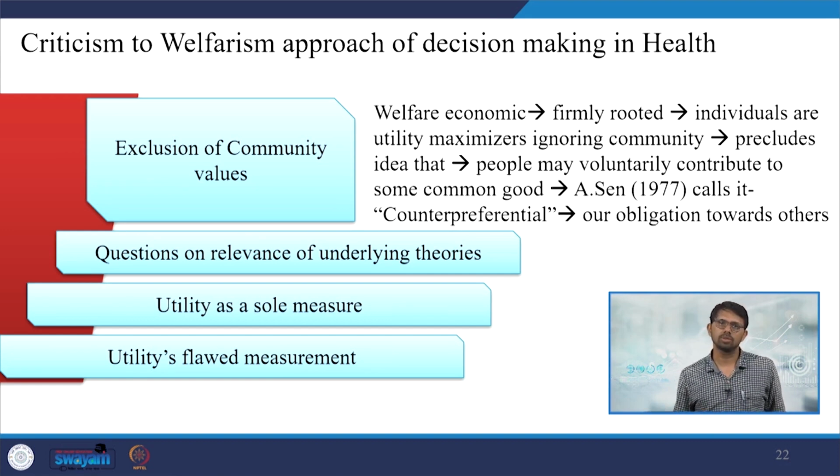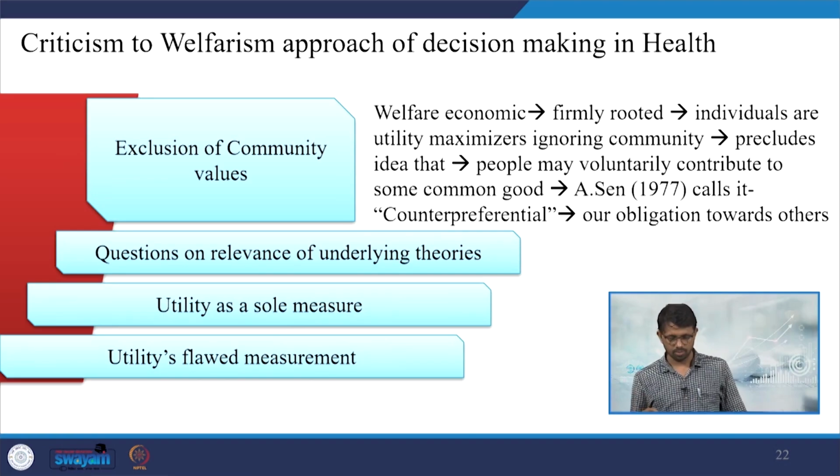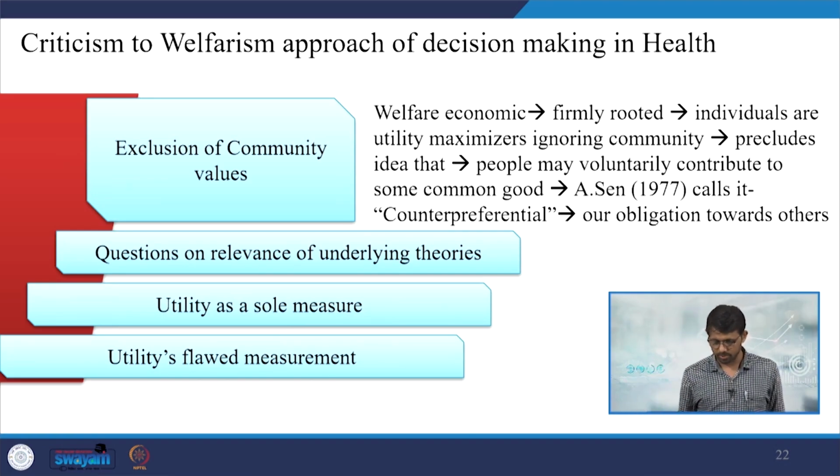So, this precludes the idea that people may voluntarily contribute to some common good, also mentioned in the works of Professor Amartya Sen in 1977. He calls this kind of problem counter-preferential and non-personal choice. This means that obligations towards others should be emphasized. However, since we are addressing individual utilities, that might be a negligence of the community.